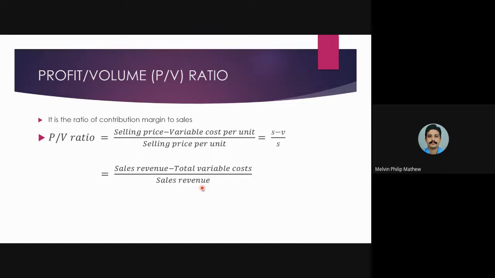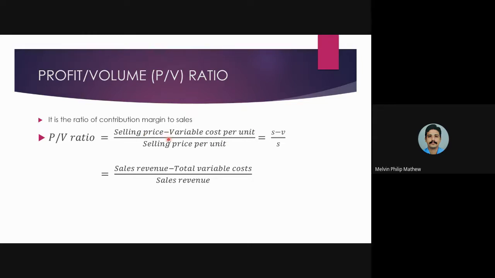So in the next line, write down P by V ratio is equal to selling price per unit minus variable cost per unit, by selling price per unit.